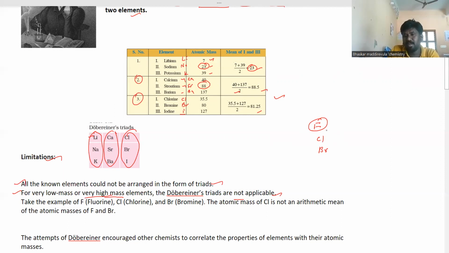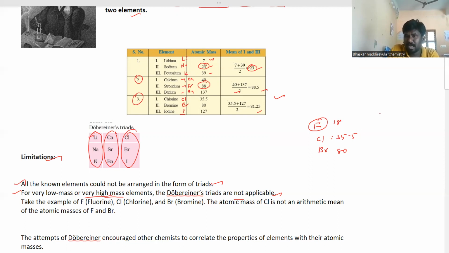The atomic mass of chlorine is 35.5, and the atomic mass of bromine is 80. The atomic mass of fluorine, with atomic number 9, is around 18.